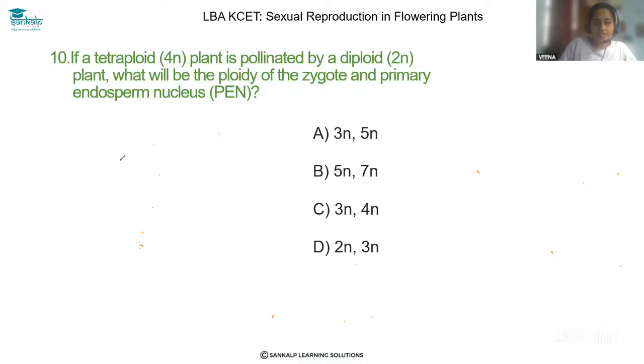If the plant is tetraploid, the polar nuclei will be 2n, 2n, so in total it is 4n.